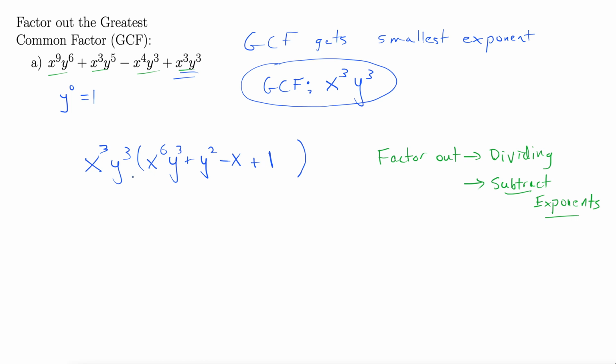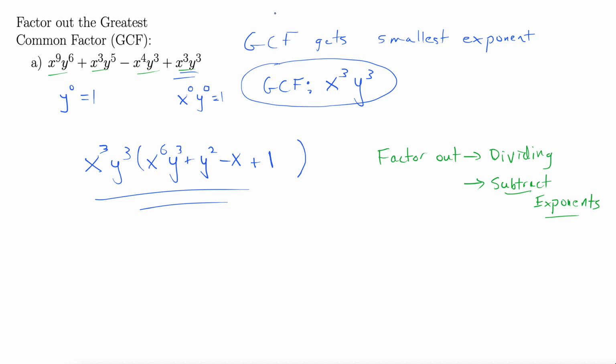Or you can think of it as subtracting exponents: x to the 3 minus 3 is x to the 0, y to the 3 minus 3, y to the 0 is still 1, times 1 is 1. However you think of it, both ways give you 1. And voila, there is our factored form. We have factored out the GCF.